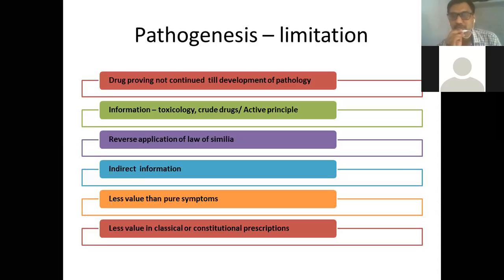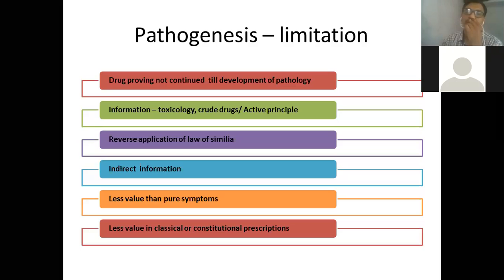It is a prescription which overlooks the pathology. That method of prescription does not bother whether the drug can produce that kind of similar pathology. So in this method of prescription, classical or constitutional, such information about the pathogenesis will be of very little value.